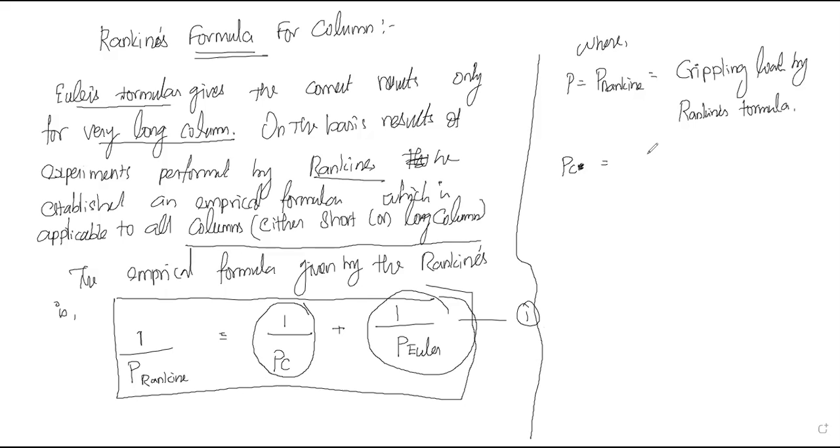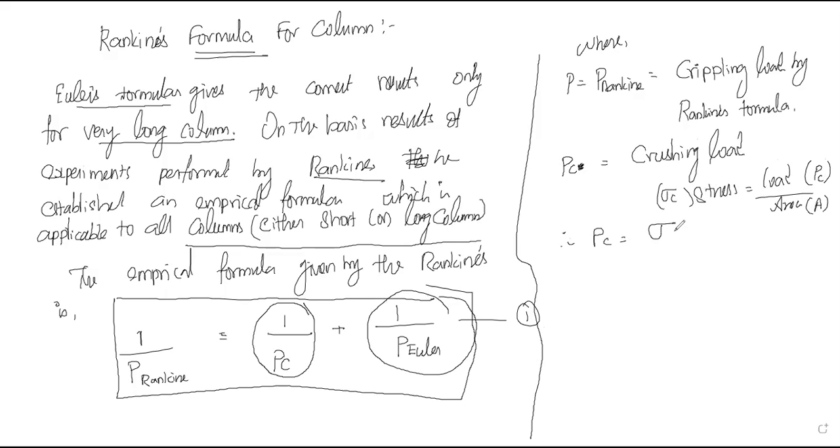So PC is equal to crushing load. For that crushing load, we already know that stress equals load by area. So that load we take as PC, stress is sigma C, and the area of the cross section is A. Therefore, PC is equal to sigma C into A.